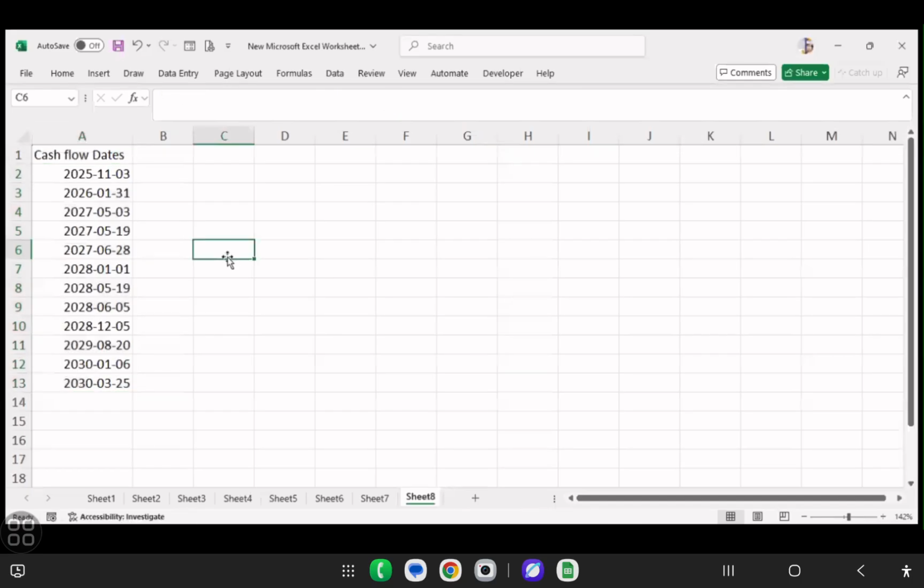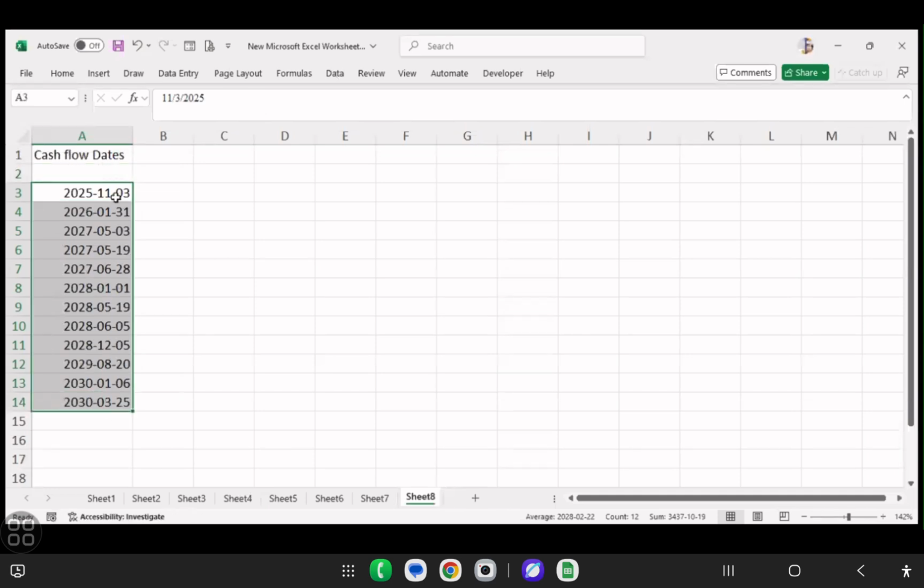So if a project was undertaken at the start of year 2025, I can have my cash flows here. This is 2025. I give it date 1 January, like that.